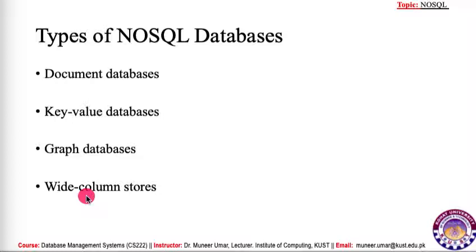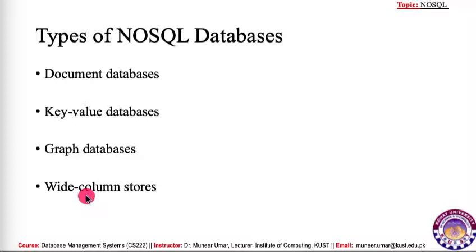These databases store data in tables, rows, and dynamic columns. Wide column stores provide a lot of flexibility over relational databases because each row is not required to have the same column. Usually in an RDBMS, if we have a row, that row would be under a particular set of attributes.